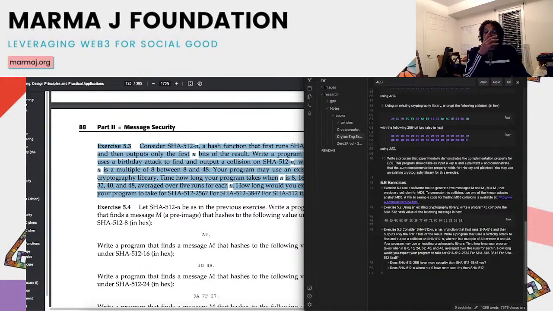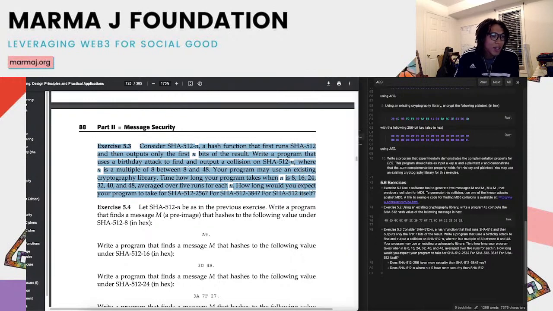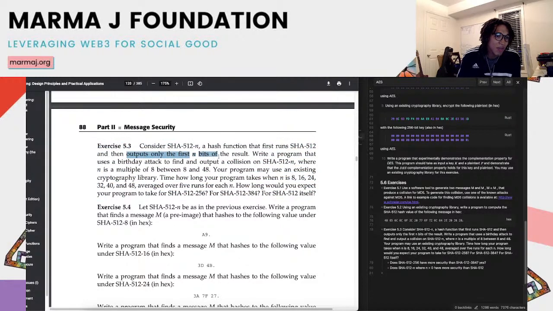So basically, even if n is 1 and you're only outputting 1 bit, n is, okay, wait, I'm understanding, you're not truncating. No, it runs SHA-512 and then outputs only the first n bits of the result.